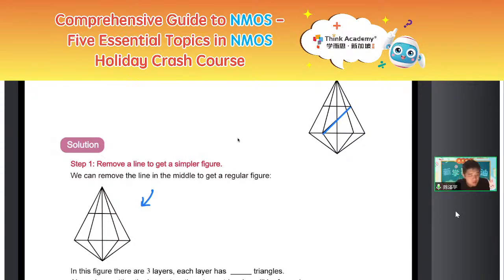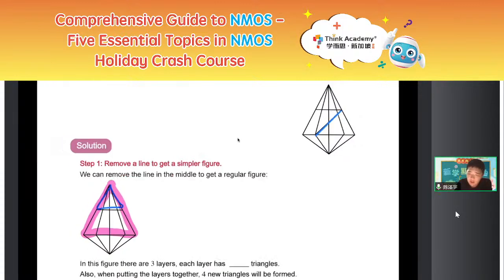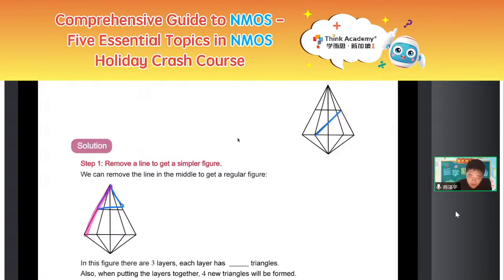Now, the question gives you some hint because as you can see here, it has 3 different layers. Sorry, I'm so sick. We have 3 different layers, so we can think about it layer by layer. In each layer, how many triangles are there?